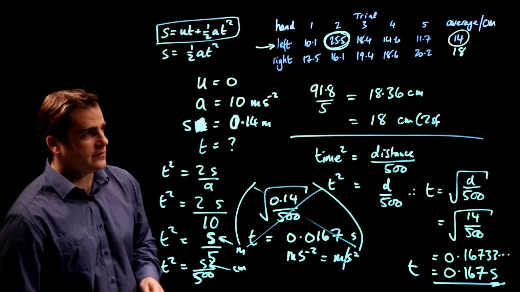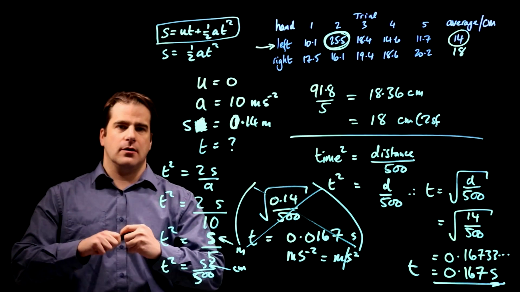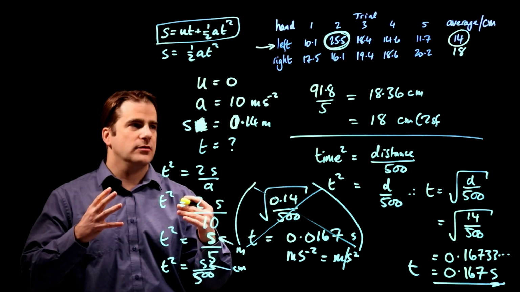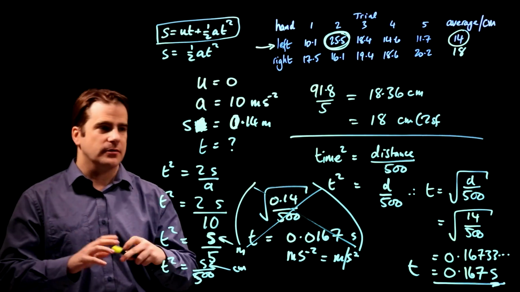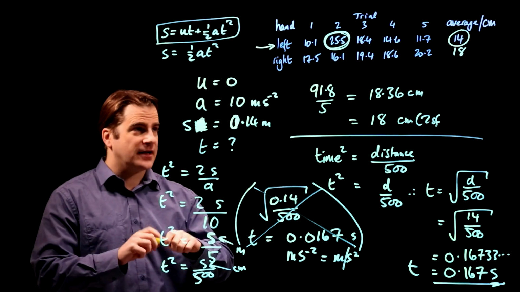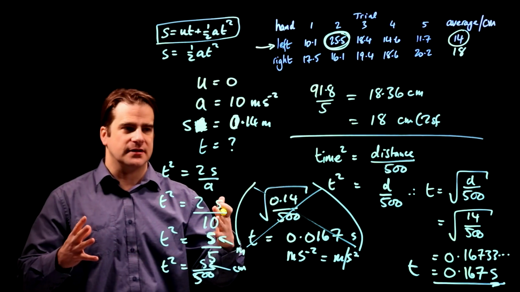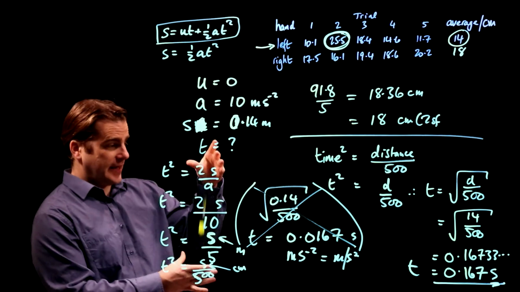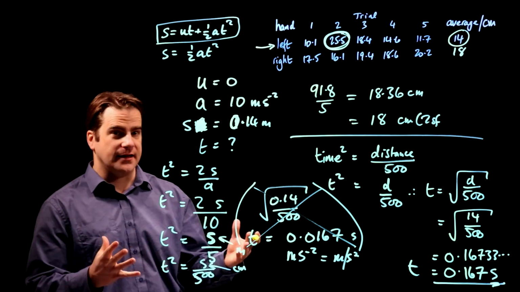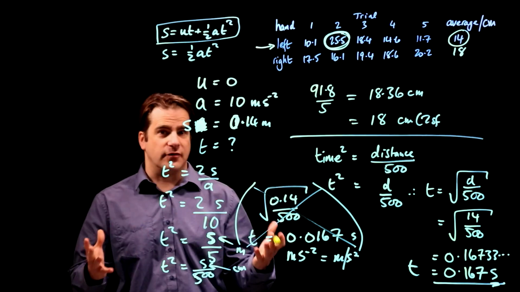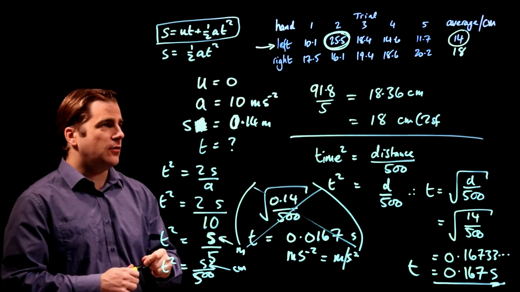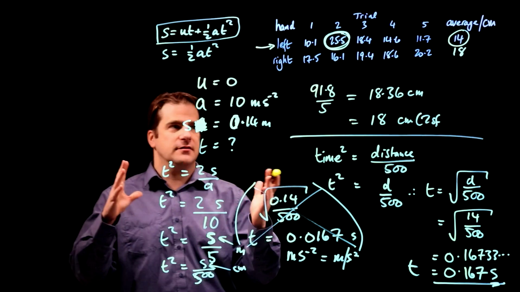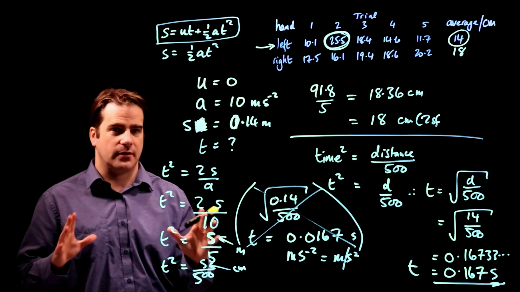What they mean is, just describe an experiment you can do to see how reaction time changes with something such as how it varies with age, the age of the person catching it, or their height, or what they had for breakfast, or how much sleep they got. Something like that, okay?